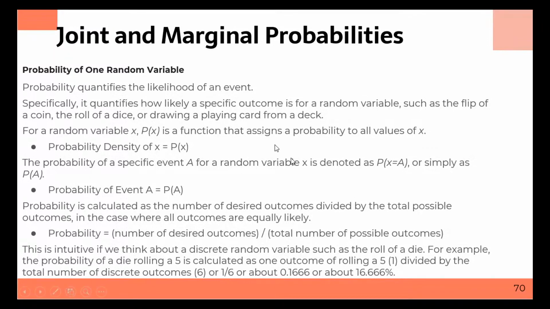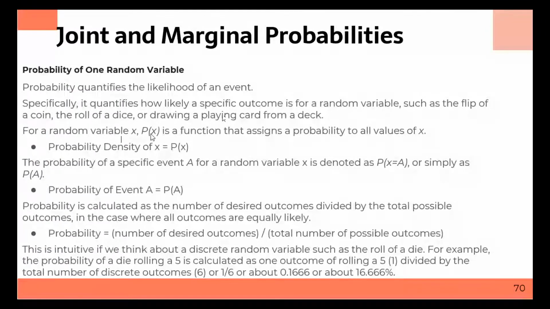It quantifies how likely a specific outcome is for a random variable, such as the flip of a coin or tossing of a dice, which gives us 6 possible outcomes, or drawing a playing card from a deck. All of them are random variables which can give any one of the values.